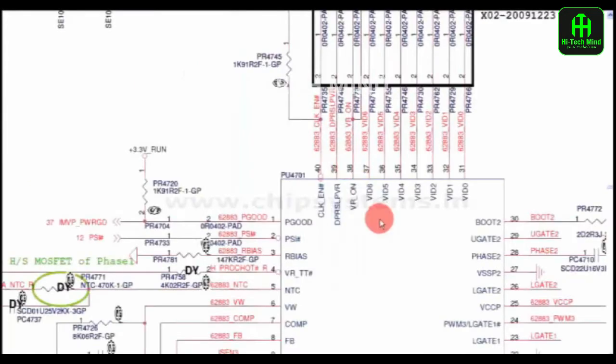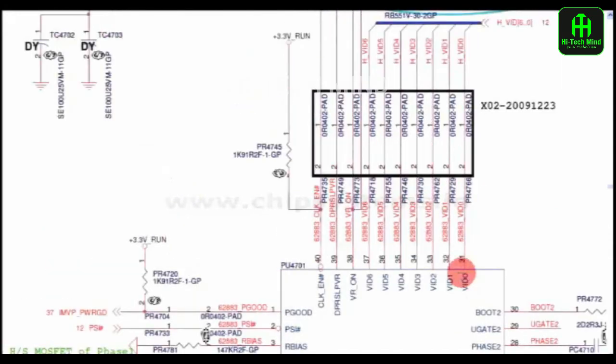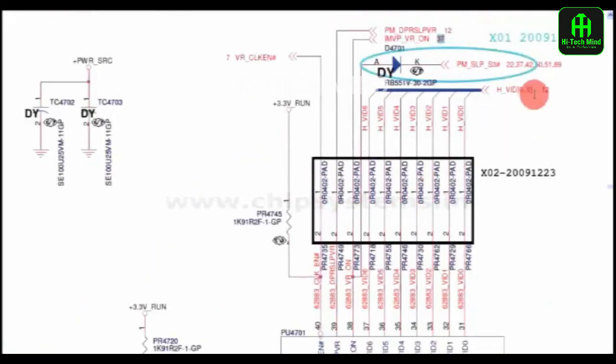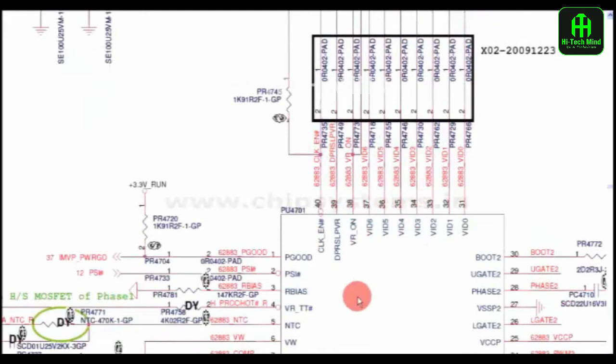After receiving the VID input signal from the CPU, coming from page number 12, this IC starts its function. This IC generates the input-output signal to the Super IO chip at page number 37.